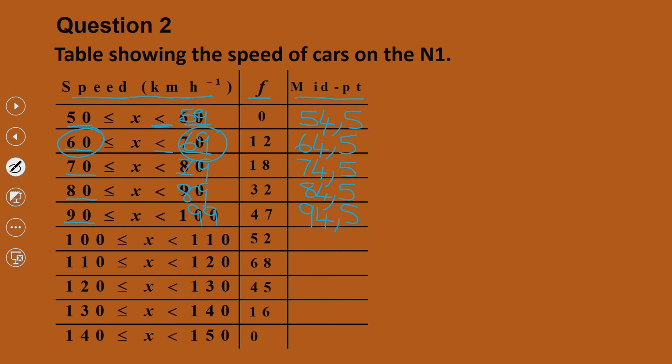94,5. The next one, we have 100 plus, yes, 109. Then we divide by 2, that will give us 104,5.